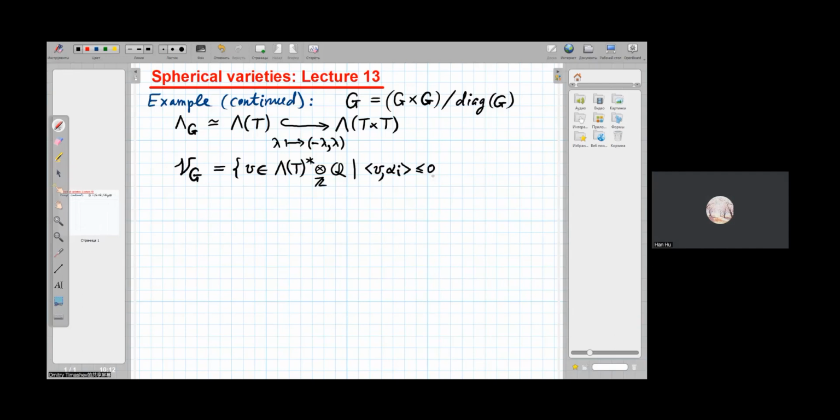So the alpha i's are denoting simple roots of G. This was the description of the evaluation cone, and it remains to describe the colors.